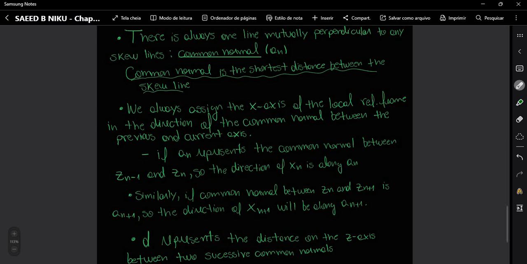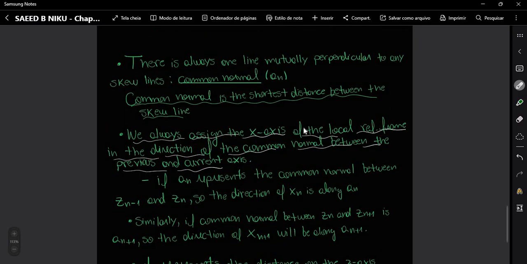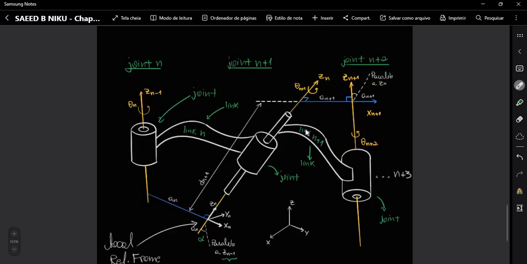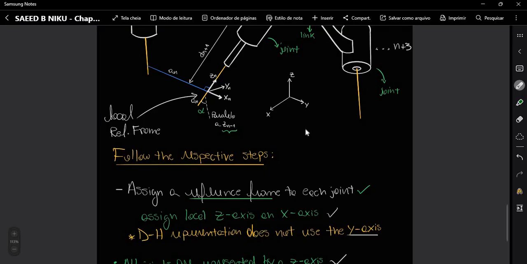We always assign the z-axis of the local reference frame in the direction of the common normal between the previous and the current axis. So as you can see right here, we are assigning the z-axis, this one, in the same direction as the common normal.